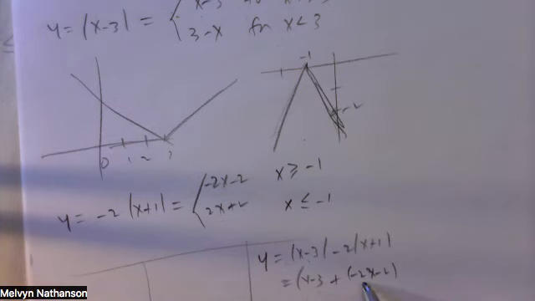So this is x minus 3 minus 2x minus 2, and minus 3 minus 2 is -5. So y is equal to minus x minus 5 for x greater than or equal to 3. Let me see if that's correct. Something doesn't look right, so let me just double check this.